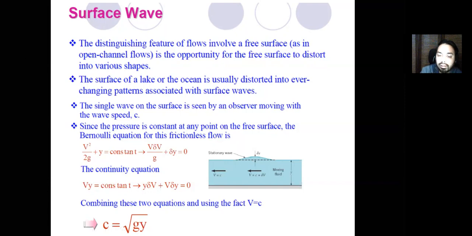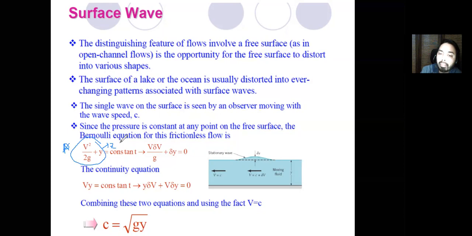We derive the wave surface velocity by utilizing the Bernoulli equation, but without the pressure. Remember, usually you have the pressure term over here, but for open channels there is no pressure. So only the velocity and the y, which is the z actually, the height from the datum.